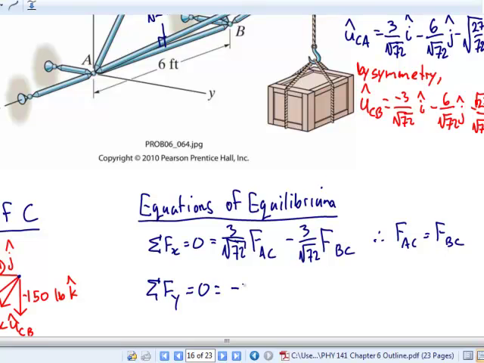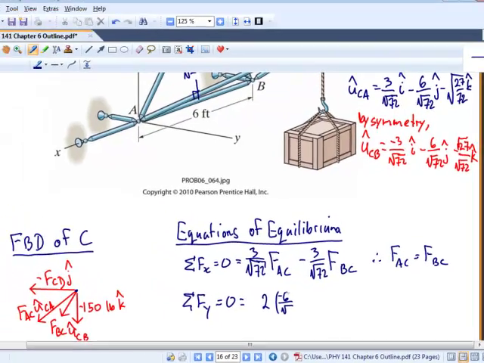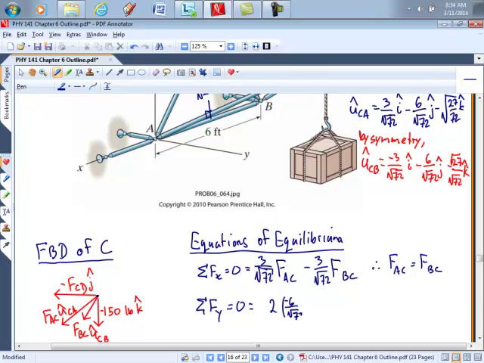So that would be minus 2 times 6 over root 72, FAC, and then nothing for the 150 pounds, but then I also have a minus FCD. Anything else?